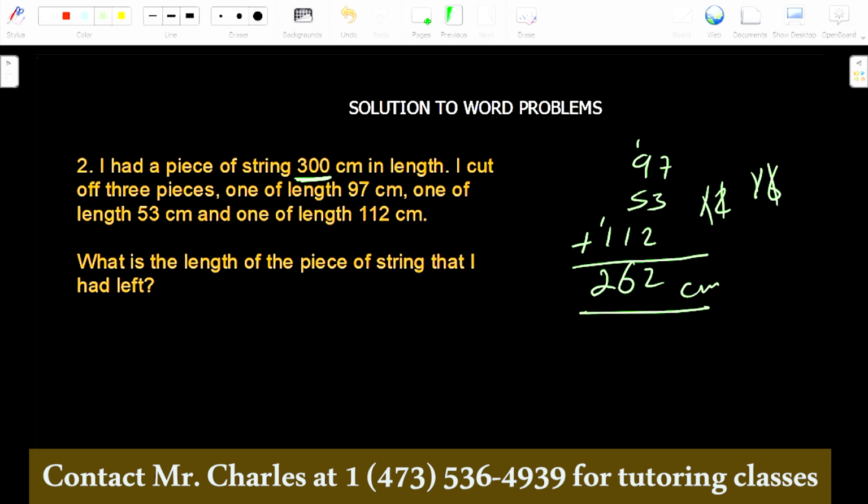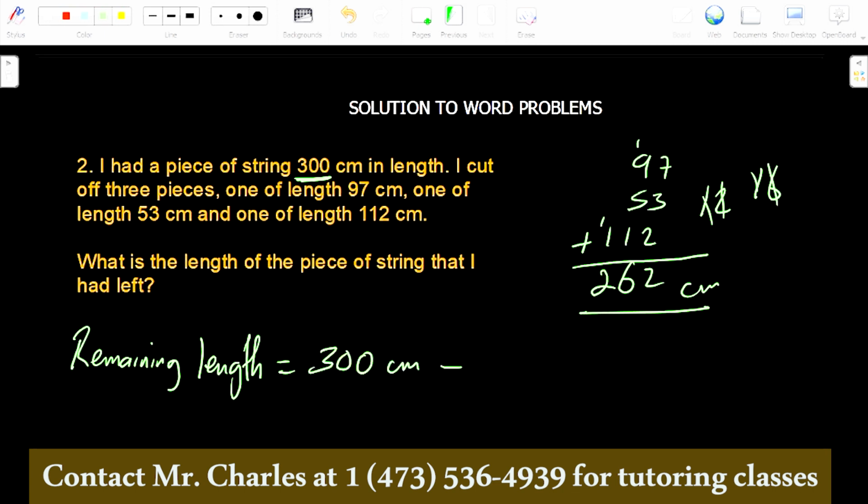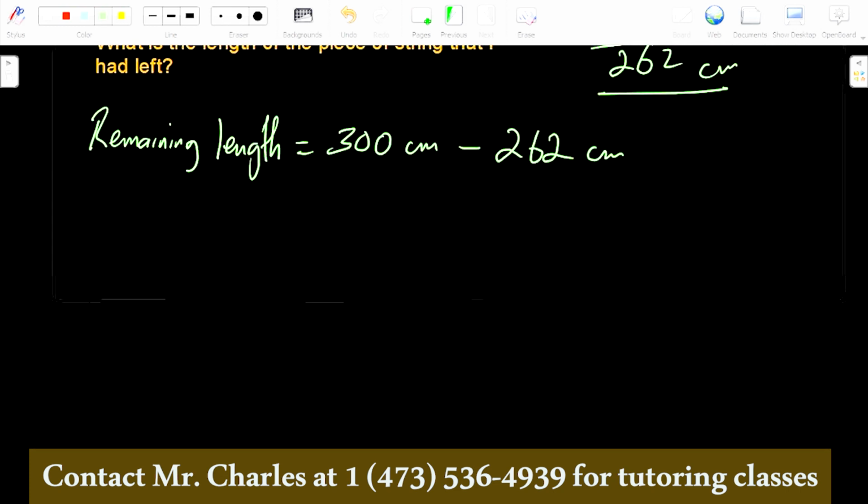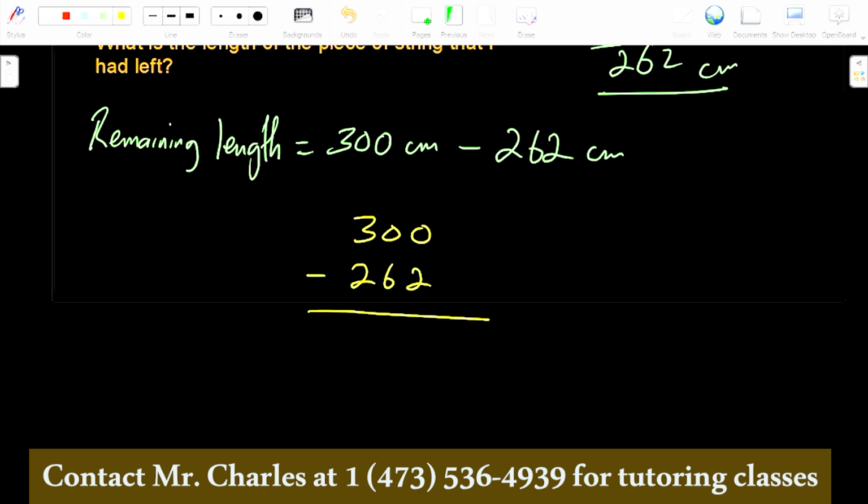To get the length of string left, the remaining length would be equal to the original length, 300 centimeters, subtract the length cut off, 262 centimeters. We cannot get 2 from 0, so we borrow from the 3.